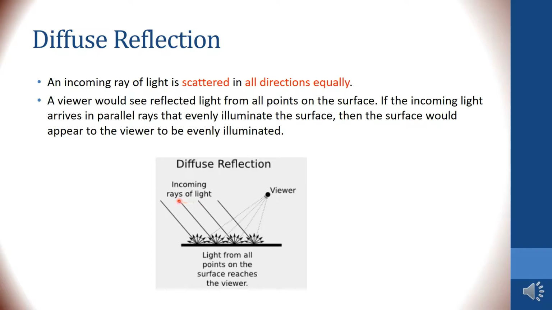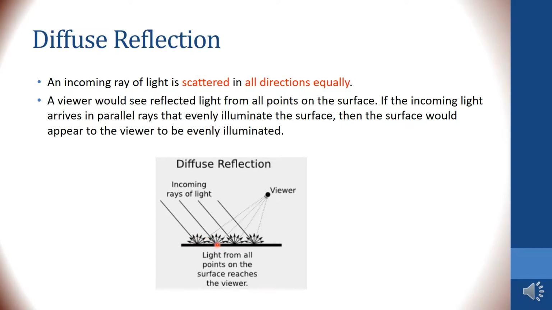An incoming ray of light comes into the surface here, ray 2, ray 3, and ray 4. The incoming rays hit this surface and a reflection happens. The light from all points on the surface reaches the viewer through here, and you will see that all of these incoming rays are scattered in all directions, to here, here, here, here, and here.